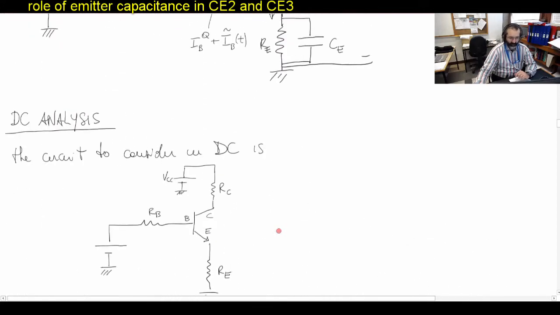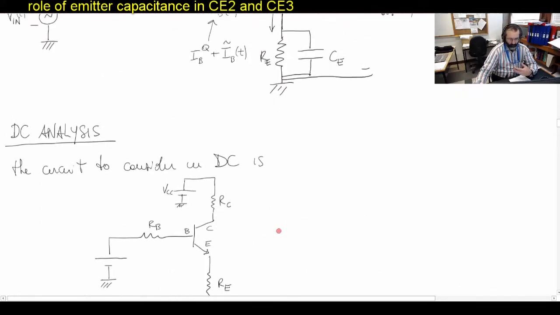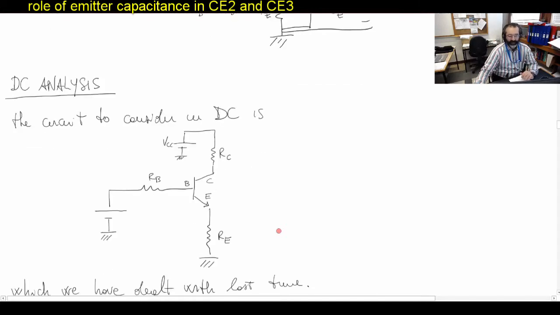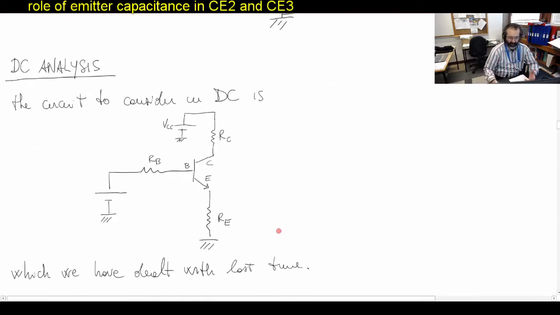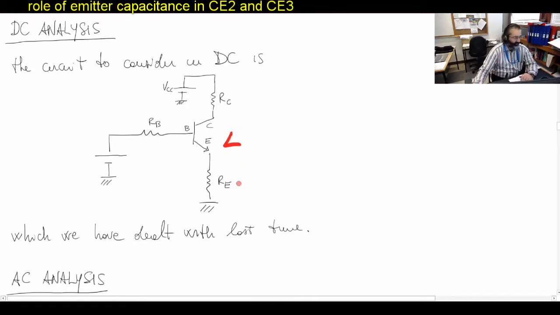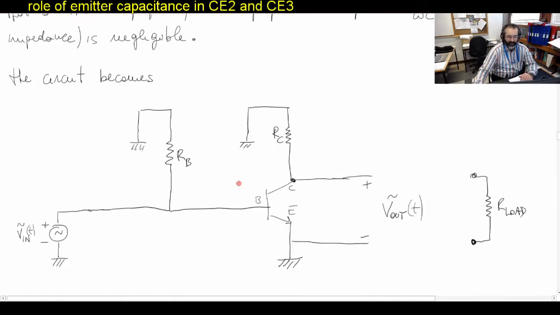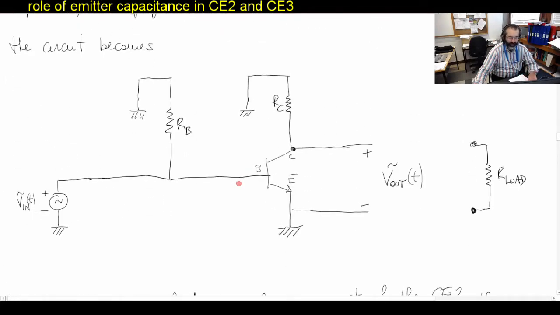You remember that when CE is there, the DC analysis basically means analyzing this circuit here, in the case of the CE2 configuration, and the AC analysis means looking at this circuit, where you can see that CE has effectively short-circuited RE, and so the emitter terminal is effectively shorted to ground.